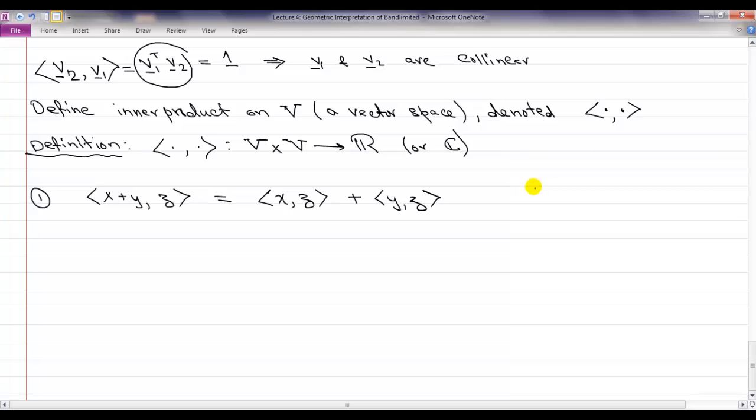An example of that, of course: think of three vectors X, Y, and Z belonging to R2.